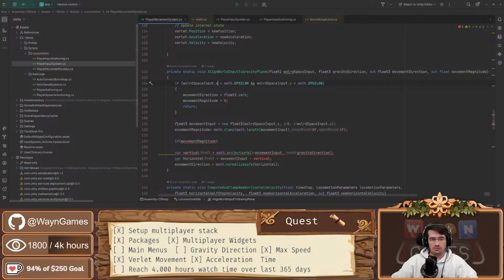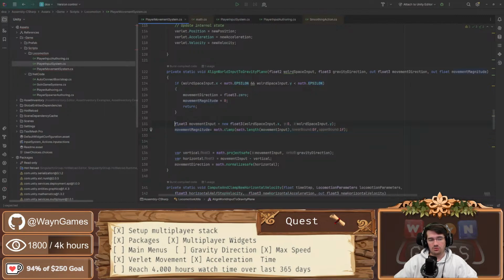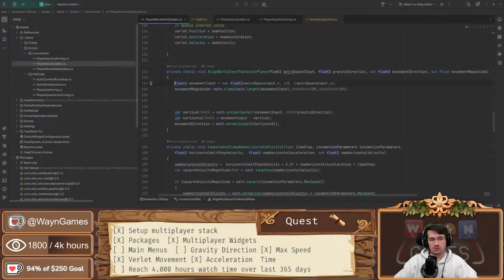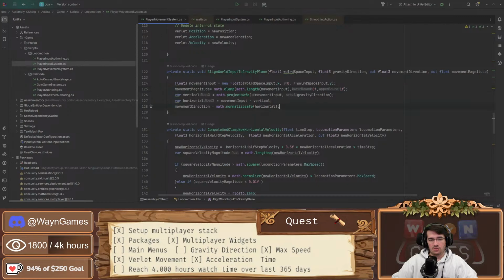But here, if the magnitude is below epsilon, actually, do I care? Because I don't care, in fact, because I have projection safe and normalized safe that will bring me to 0 either way. So that code should be fine.